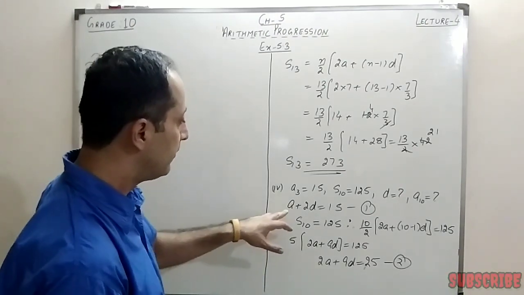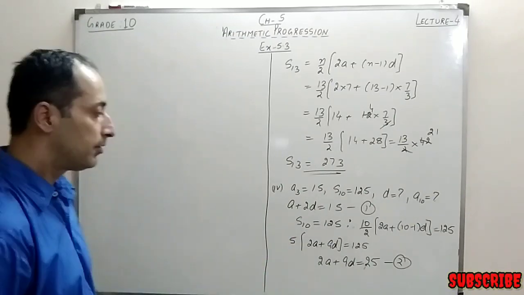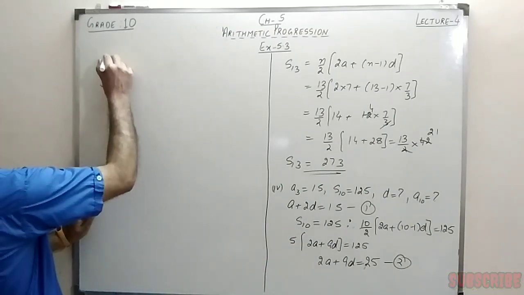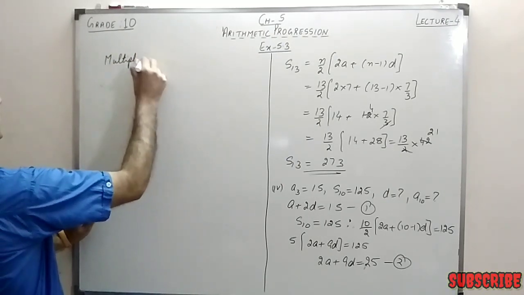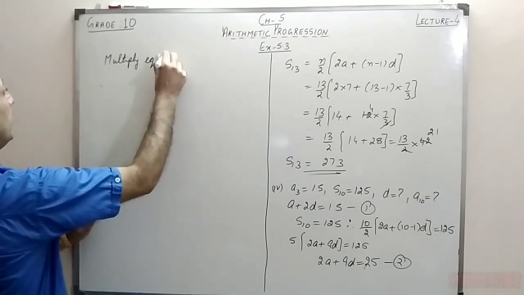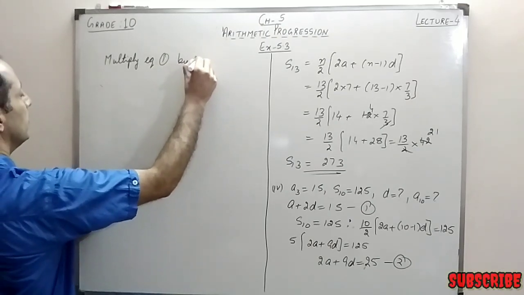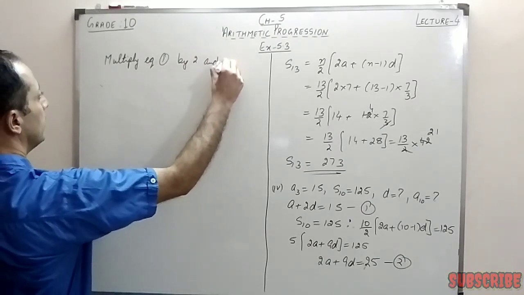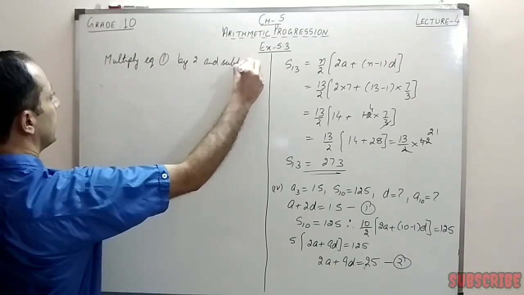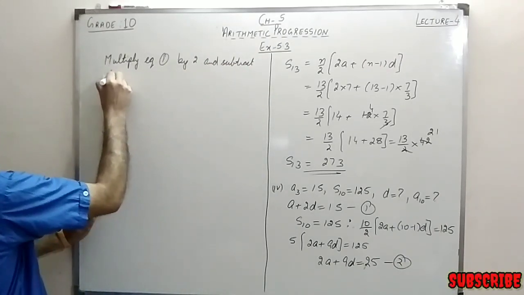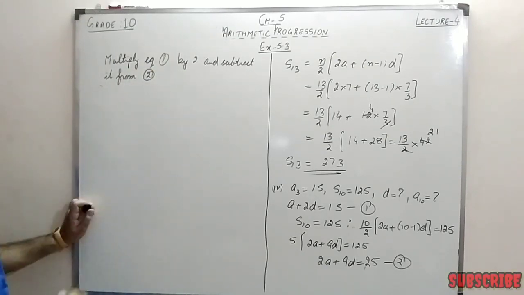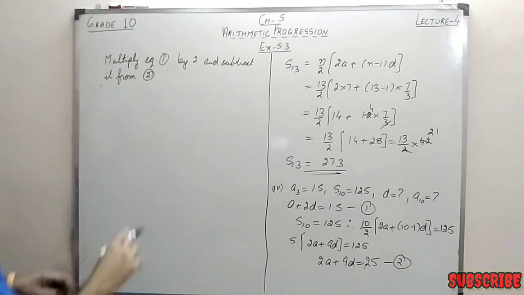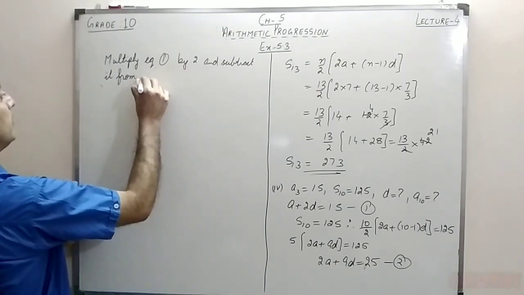Simply what we do, we multiply the first equation by 2 and subtract it from the second equation. So I can say like this, equation 2.